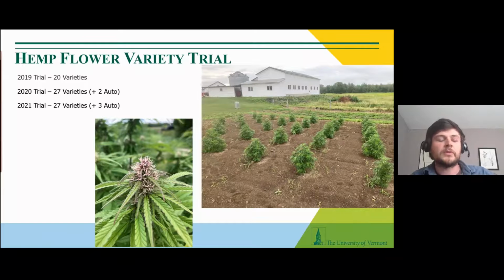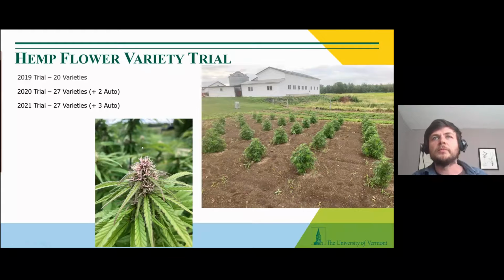Those are mostly coming from distributors in Oregon and Colorado, and some from South Carolina and Vermont as well. So we try to gather varieties from as many different areas as possible, with folks that are willing to enter those into the trials.